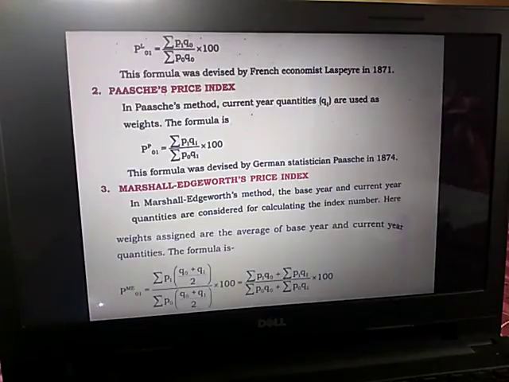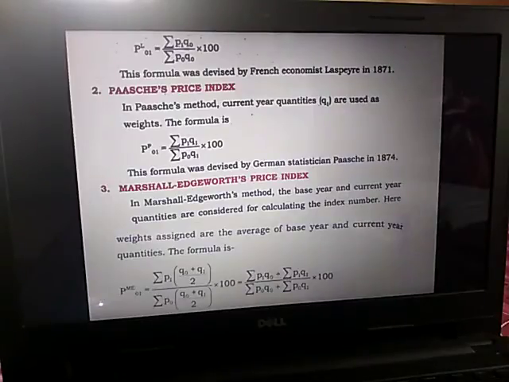The third method is Marshall-Edgeworth's price index. In this method, the base year and current year quantities are both considered. The weights are assigned as the average of the base year and the current year quantities. In Laspeyres method the base year was used as weight, in Paasche's method the current year was used, and in Marshall-Edgeworth's method the average of the two is used.